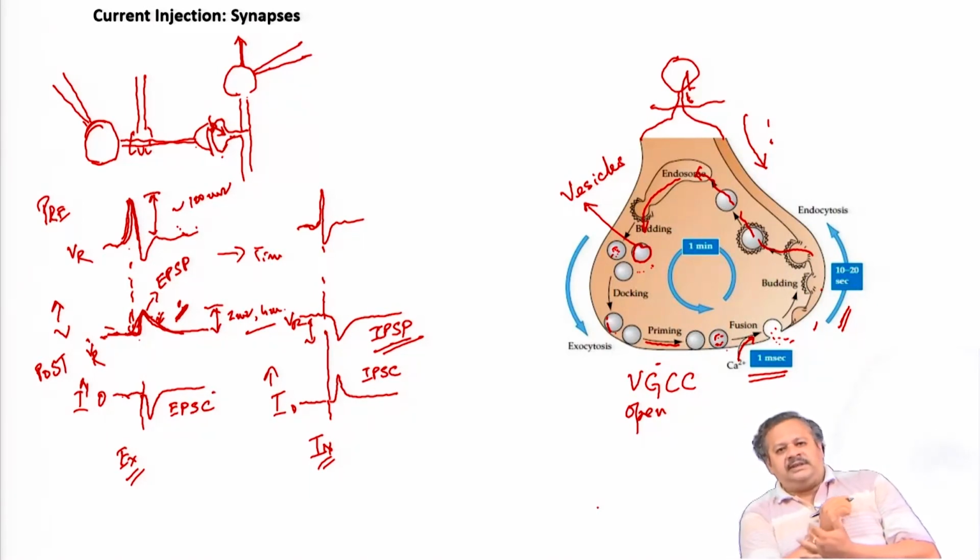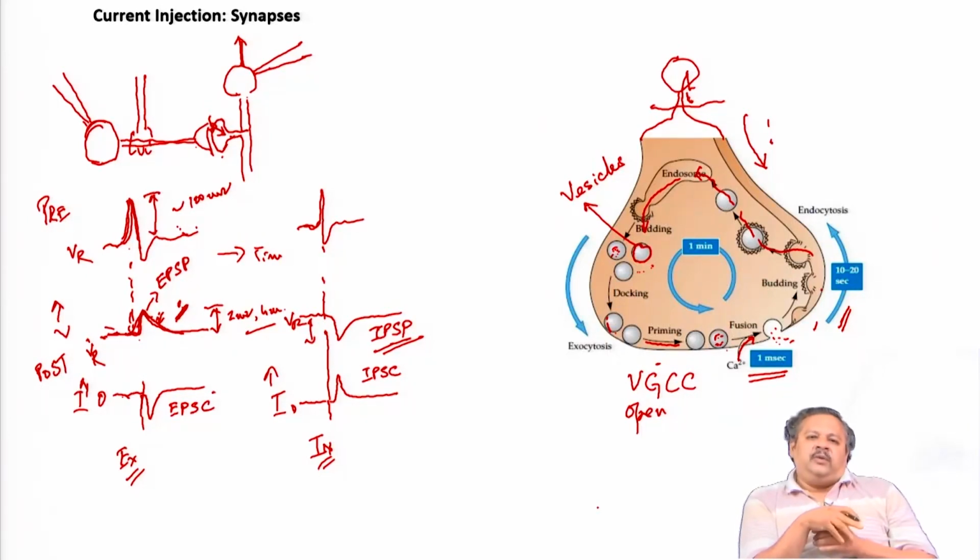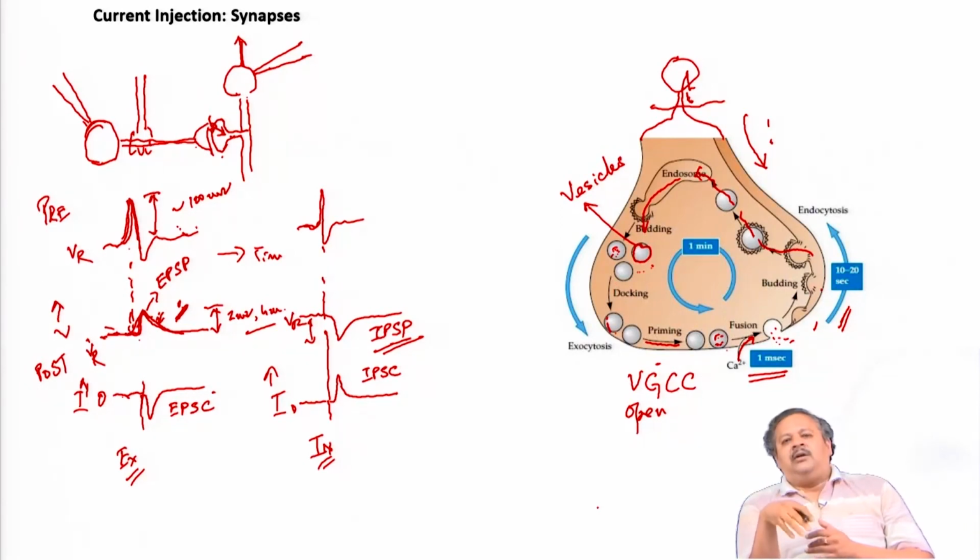And what we will see is that this is the normal, or the natural way of current injection in neurons, and later on we will see how this current injection finally goes on and adds up and produces action potentials.